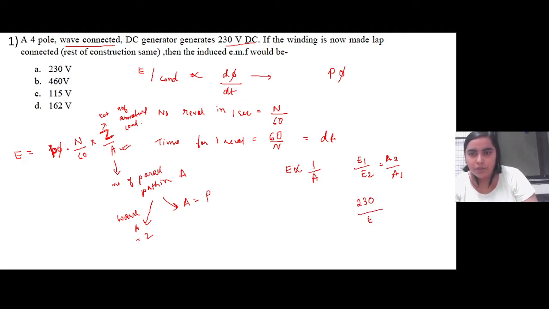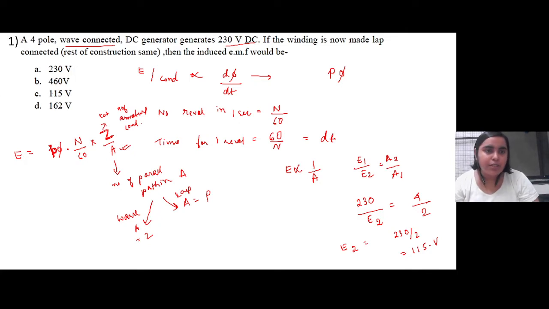Now the induced EMF we have to find out. A2, which means in the second connection it is lap connected. So in case of lap connection, A is equal to the number of poles. So it will be 4, and initially it was wave connected, so it is 2. So E2 will be equal to 230 by 2, which is equal to 115 volt.